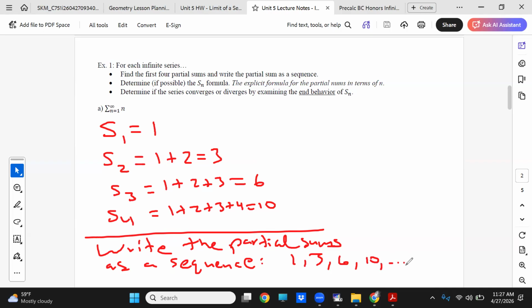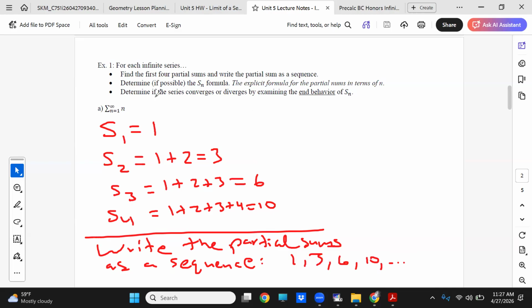So what's the pattern here? It's not arithmetic, and it's not really geometric. The common difference is following an arithmetic sequence for sure, right?